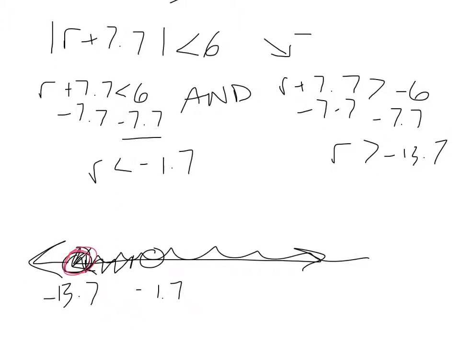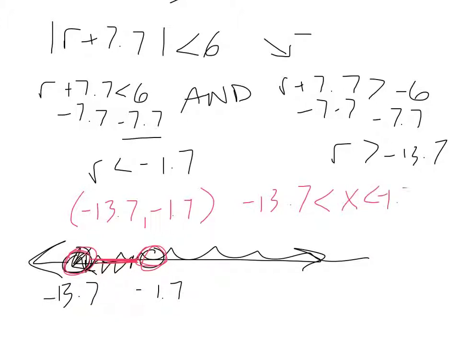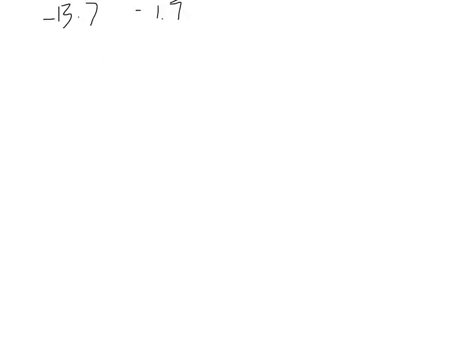Well, between negative 13.7 and negative 1.7, that's everything in between. We're not including those, so we can say negative 13.7 to negative 1.7, not including those, or negative 13.7 is less than x, which is less than negative 1.7. Either one of those is good, and we're looking for the overlap.